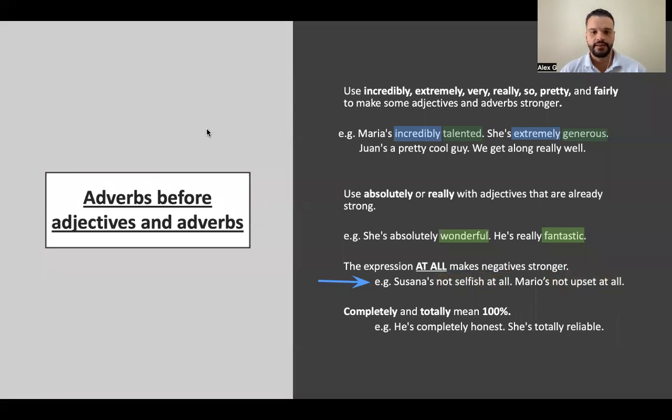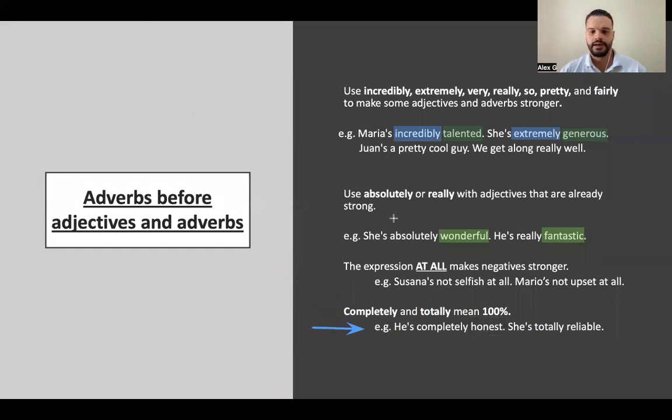And finally, the last form that we're going to use is the adverbs completely and totally when we want to express 100%. For example, he's completely honest. She's totally reliable. So you can see we have the adjective, right?